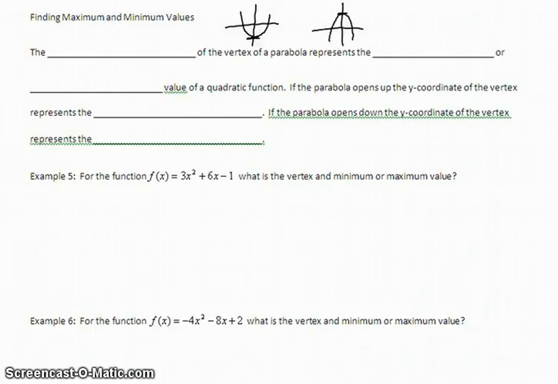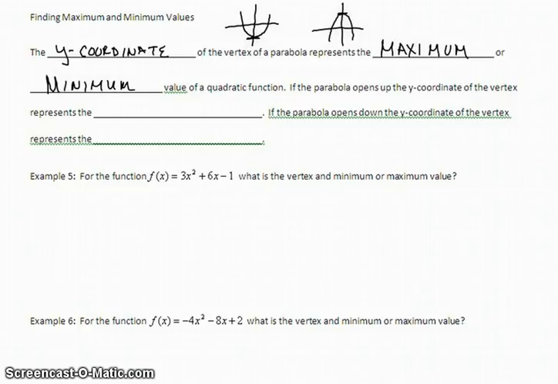So the y coordinate of that vertex is going to represent either the maximum or minimum value of my quadratic function.